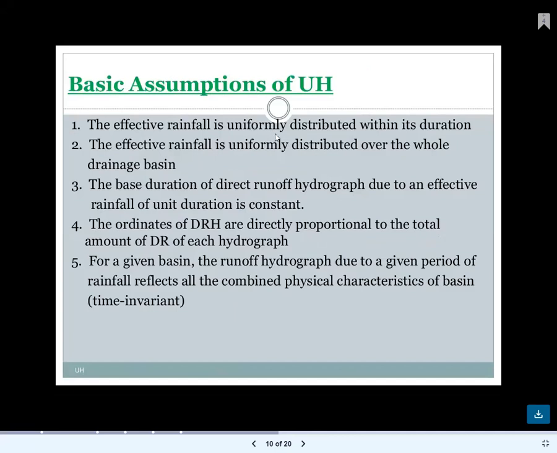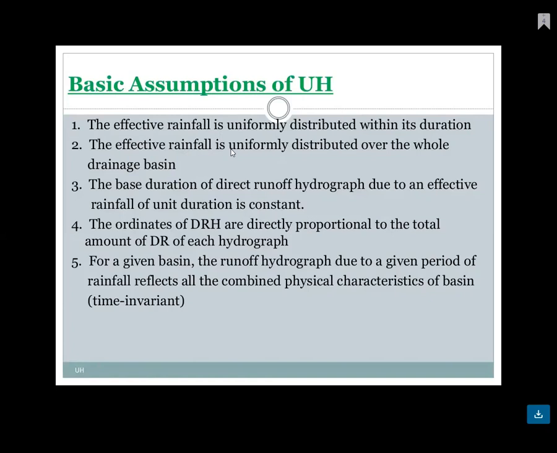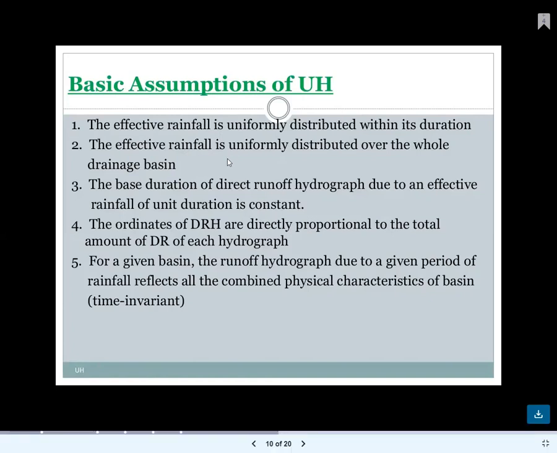The second is that the effective rainfall is uniformly distributed over the whole drainage basin. The whole drainage basin is like a catchment area.